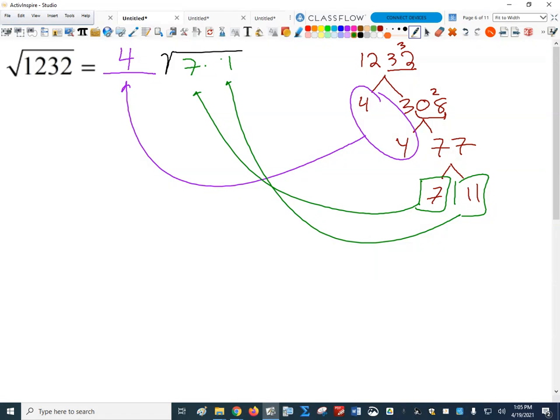The singles need to be prime. But the couples, if I can have bigger numbers that are couples, it makes my job easier, right? That's why I didn't immediately break this 4 down into a 2 and a 2, because there's a chance I was going to get another 4, so I could have a couple of 4s and just put a single 4 out front. Everybody get that? Okay.